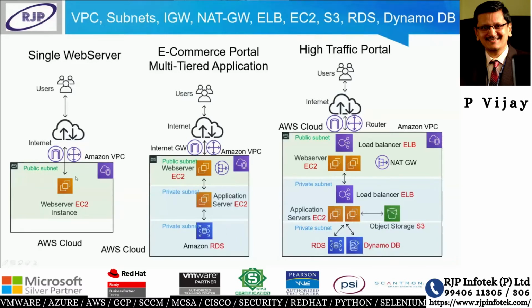So how is this made available on the internet? It is made available on the internet through the Internet Gateway. So you have the Internet Gateway that provides connectivity for the internet users to access the web server and vice versa.